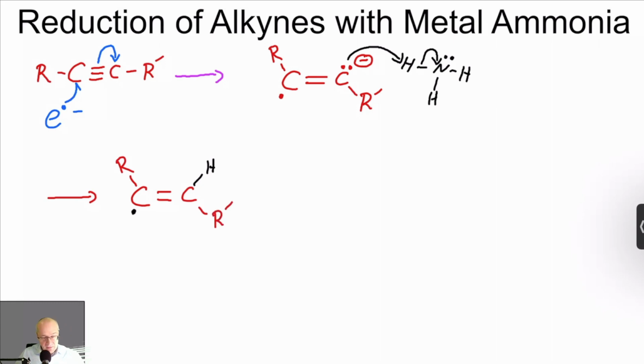Okay, so next step, another solvated electron will add to the sp2 orbital where the single electron is, where the radical is housed. It'll add to it.